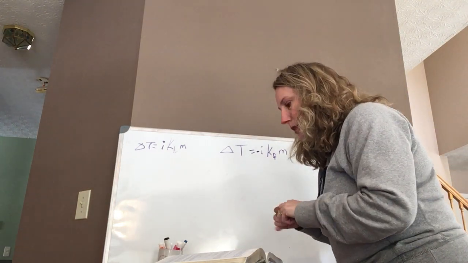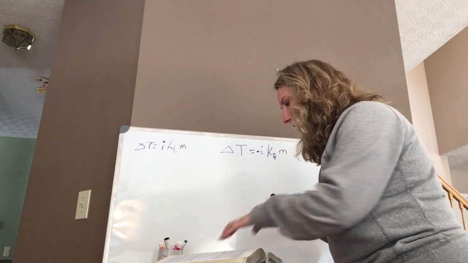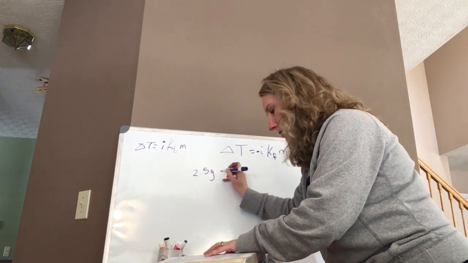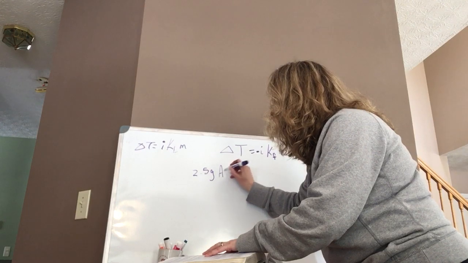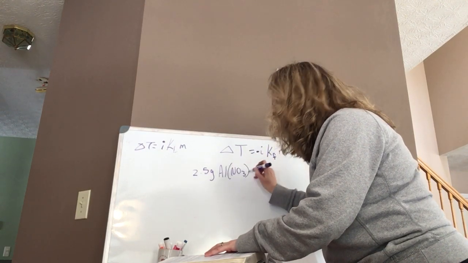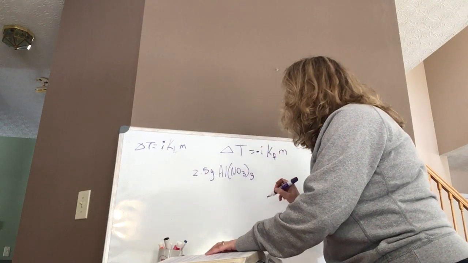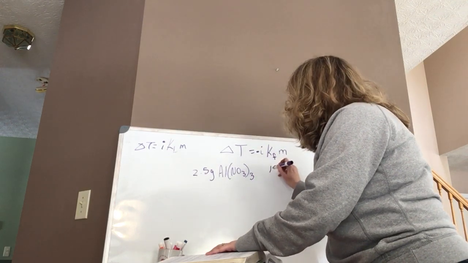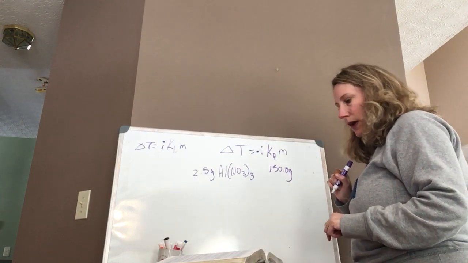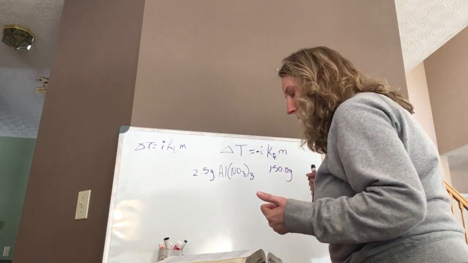But what's the freezing point of a solution made by mixing 2.5 grams of Al(NO3)3, and there's 3 of those, and 150 grams of water? Okay, and then they gave me the Kf.